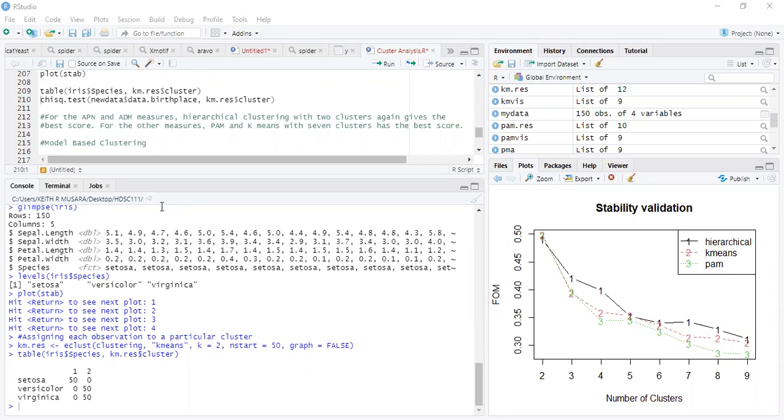Same with Versicolor: it has 0 under k equals 1 and 50 under k equals 2. Then the last one, Virginica, has 0 under k equals 1 and 50 under k equals 2. Then if we add, we have 150 observations, which is the total of all the observations that we had.